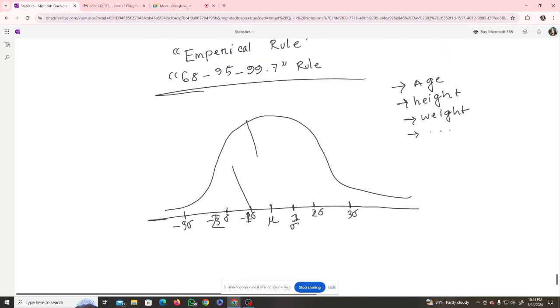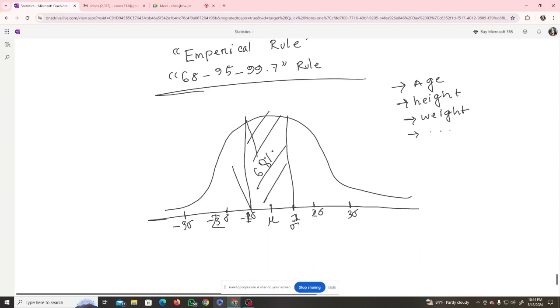All right. So if we take one standard deviation away from the mean, which means this part, it tells that 68% of the total distribution lies here. It means 68% of the total dataset we have lies in this range.